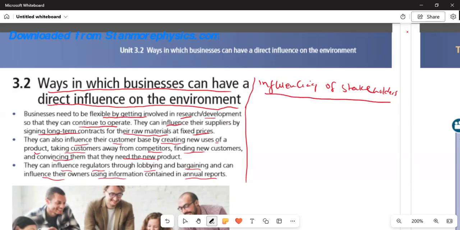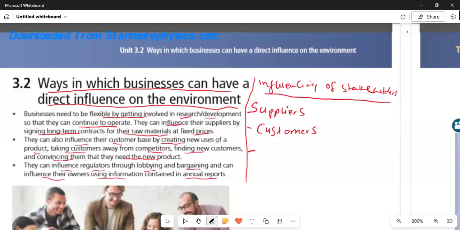Let's talk about suppliers. They are going to influence suppliers by signing long-term contracts for raw materials at fixed prices. Another stakeholder they can influence is customers, by creating new uses of the product, taking customers away from competitors, finding new customers, and convincing them that they need the new product.